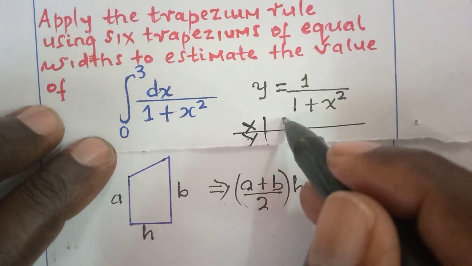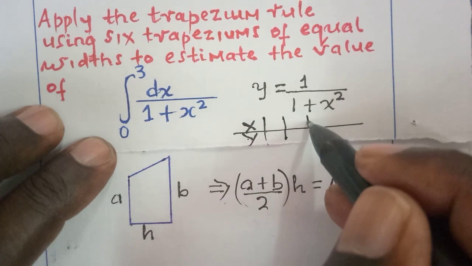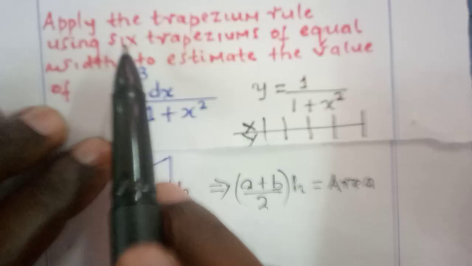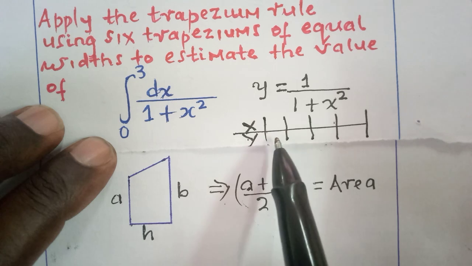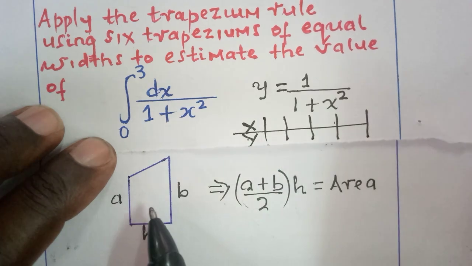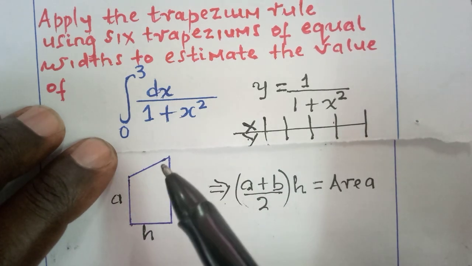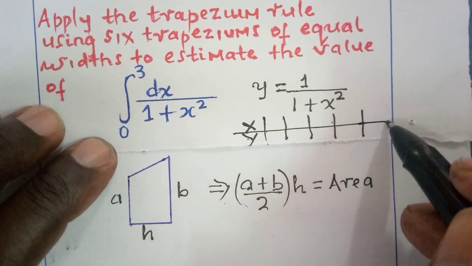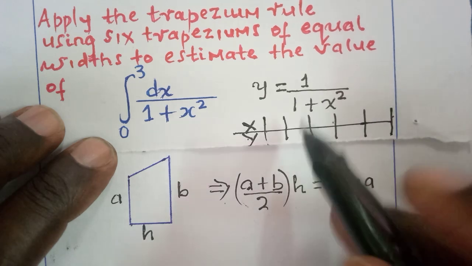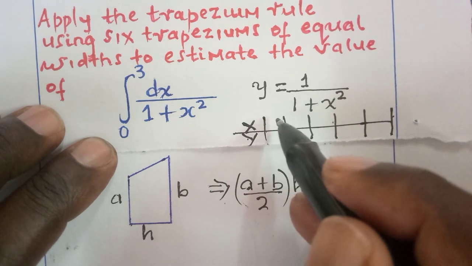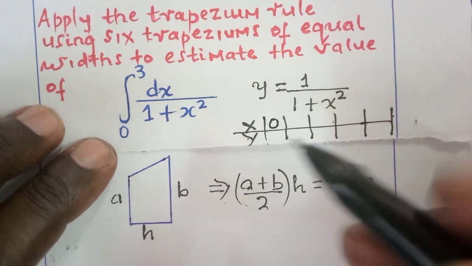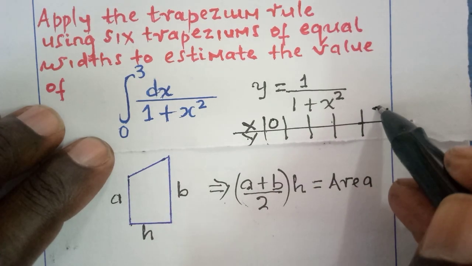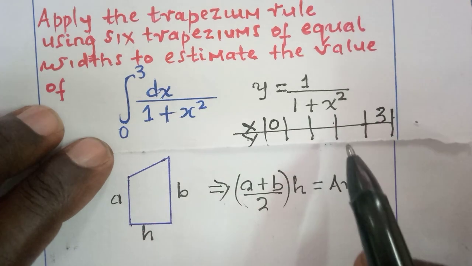We are told we divide by 6, so we are going to have 6 strips like this, and so 7 coordinates, from 0 up to 3.